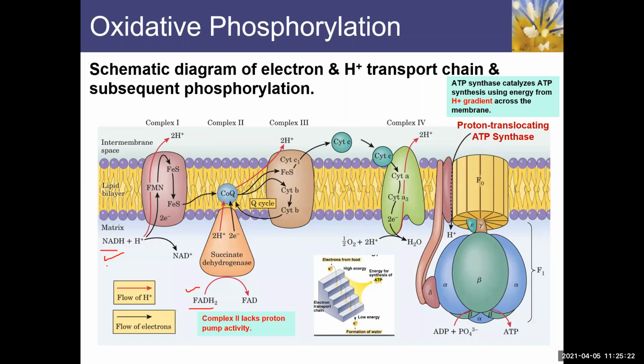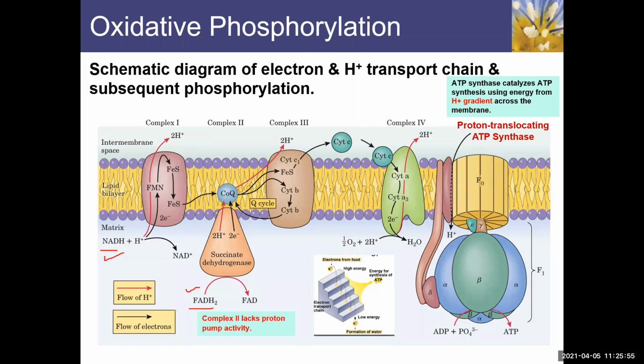Okay. So the electrons which are released from this NADH or FADH2 will pass from one electron carrier to the next, then to the next, right? And as they pass through these carriers, various oxidation reduction reactions will take place, from complex 1 to complex 3 to complex 4, right?